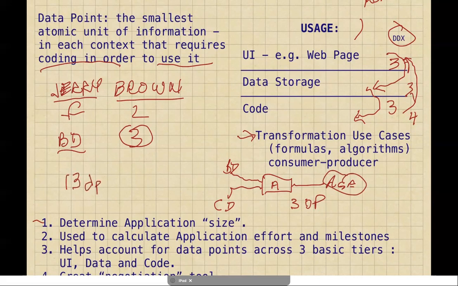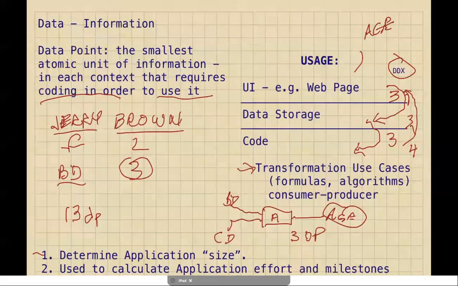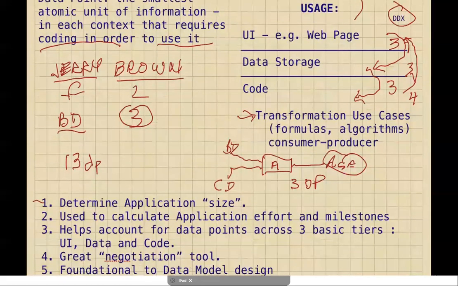Okay, and this is a metric that if you did it and I did it, we should come up with the same basic calculation. So in other words, I should count this out as 13 data points. You would count it out by the rules I described here as 13 data points. Okay.